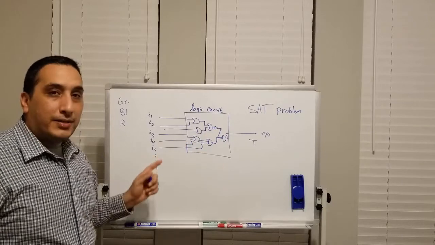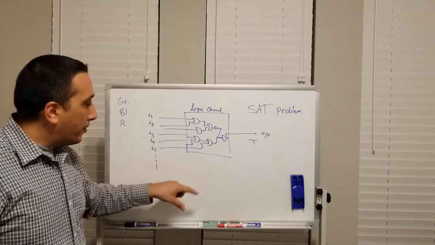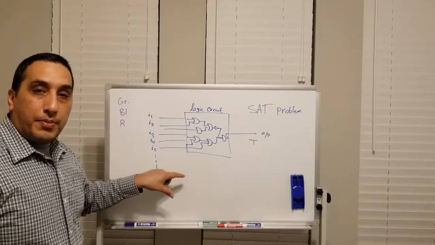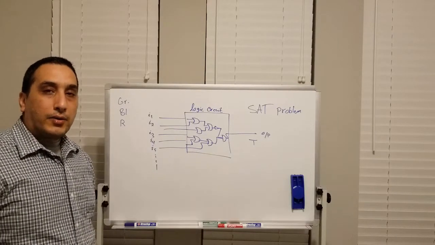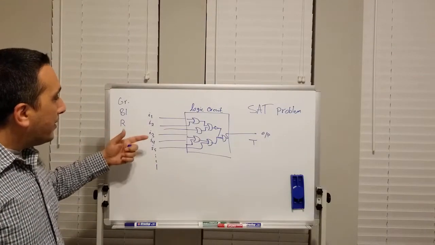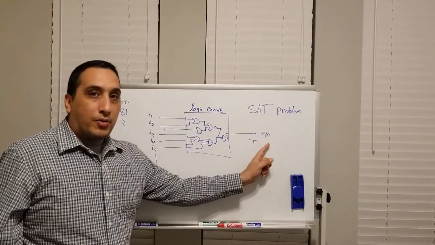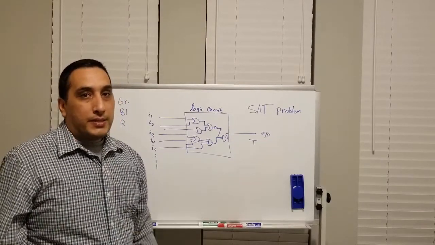So it's really easy to plug these inputs into the computer and calculate the output. But again, finding the assignments for each input in order to get the output to become true is NP-complete.